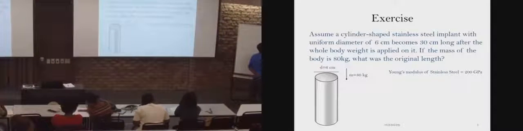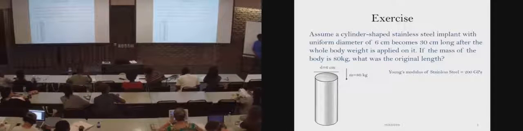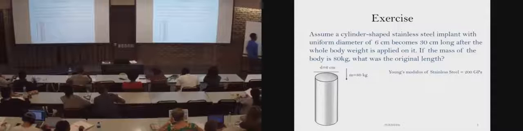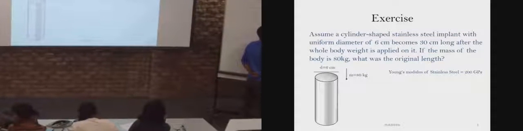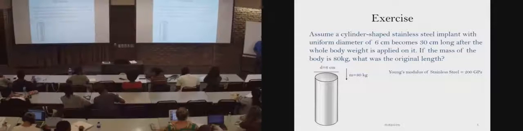So force is mass times gravity, or we already know it. Force over area divided by the change in length, original length minus final length, divided by the original length.